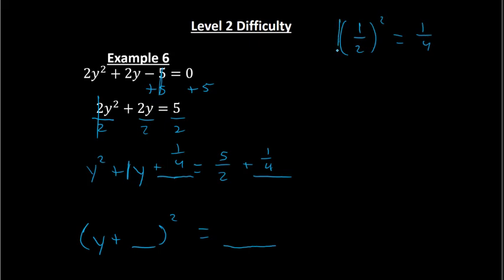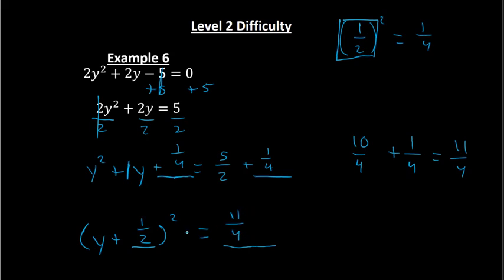And we notice right here that number is 1 over 2. So that becomes a 1 over 2. And then on the right side, 5 over 2 plus 1 over 4, I need to find a common denominator. So common denominator would be 4. So the first fraction, 5 over 2, you can write as 10 over 4. So 10 over 4 plus 1 over 4 is 11 over 4.